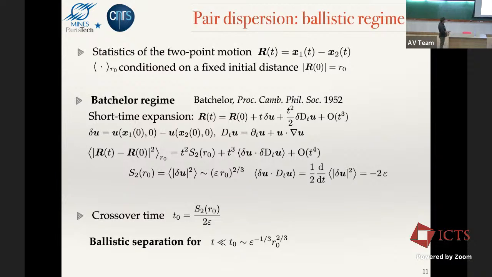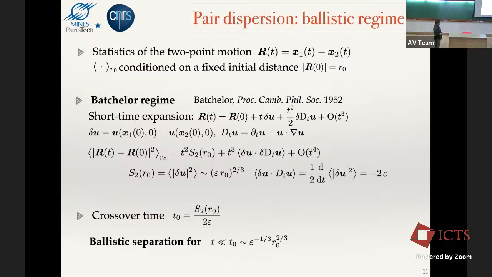Then this term, which is the scalar product between the increment of velocity, I'm sorry, there is a delta missing here, and the increment of the acceleration, I can write this way. Basically it's just 1/2 of the time derivative of the second order structure function, and this is nothing but -2 times the energy dissipation.